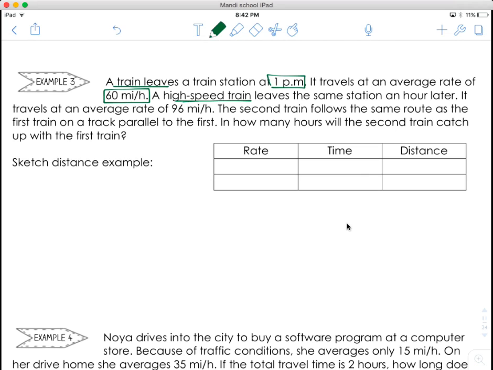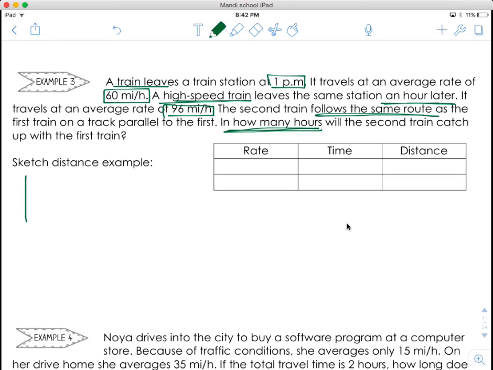A high-speed train leaves the same station an hour later. It travels at an average of 96 miles per hour. The second train follows the same route as the first train on a parallel track. In how many hours will the second train catch up with the first train?